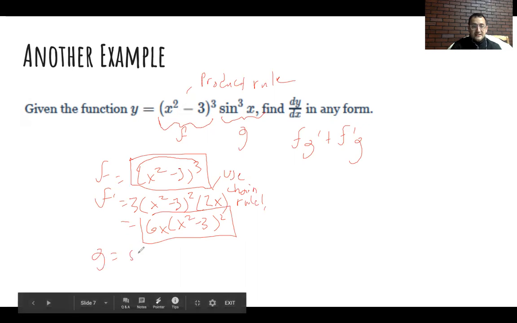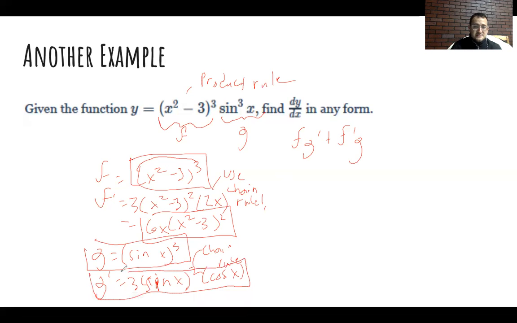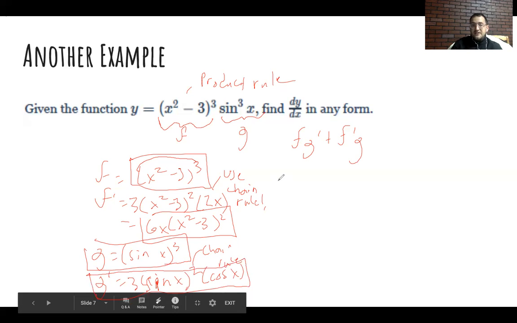g then is sine x to the cubed. And this is still a chain rule type of situation as well. So I'm going to say that this is going to be 3 sine of x. So we leave the inside alone. Exponent becomes 2, and then we just take the derivative of the inside. Then our actual real derivative at this point, I'm just going to substitute everything in.